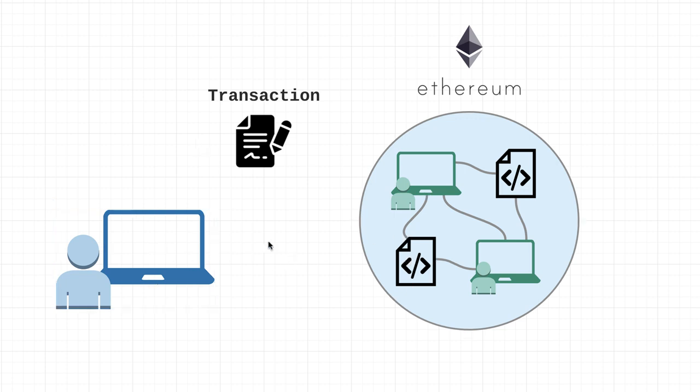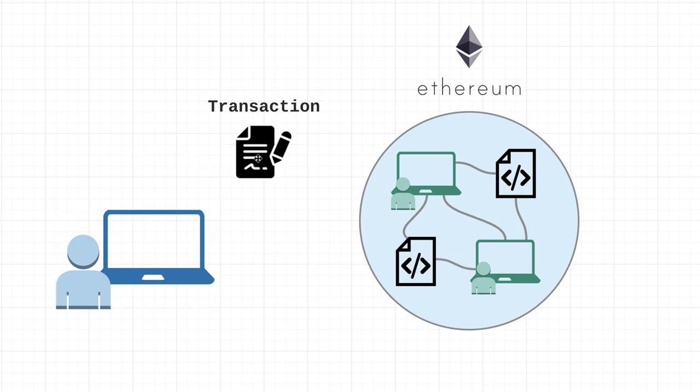Contracts, however, once they are initially kicked off by an EOA, can indeed call other contracts as part of their execution. So again, in the Ethereum network, contracts can call other contracts. They just can't initiate the process. The process has to be initiated by an account with a private key.